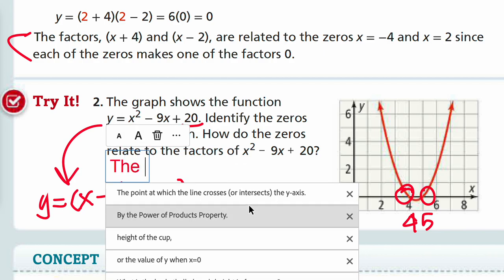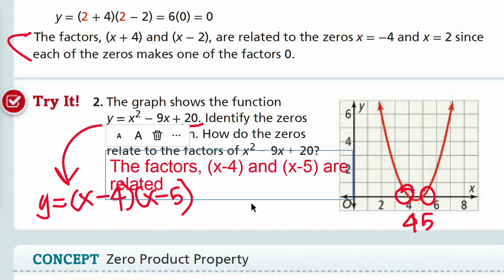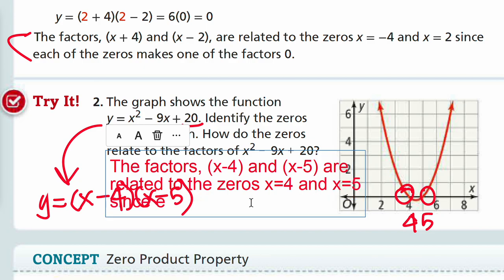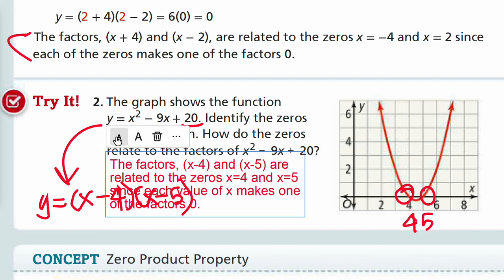The factors x minus 4 and x minus 5 are related to the zeros x equals 4 and x equals 5, since each value of x makes one of the factors 0. So that's how they're related.